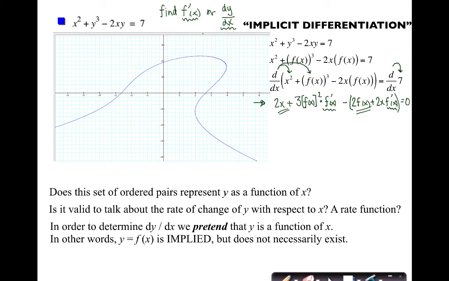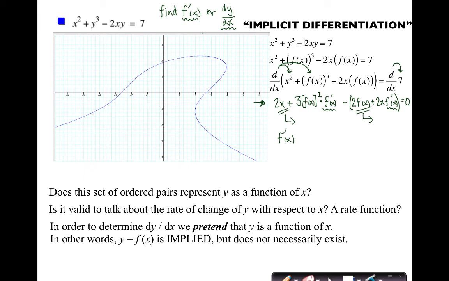I'll just leave these messy terms with the f prime on the left-hand side of the equation and subtract this, and we'll add this since it's after a subtraction sign to put them on the right-hand side, so that we can solve for the expression that we're looking for. So f prime of x is going to be in the 2 terms that are on the left-hand side.